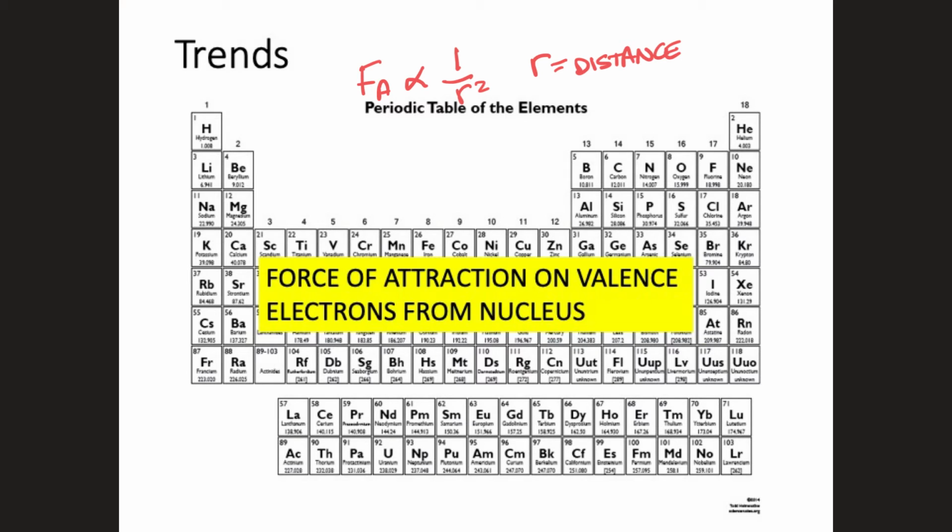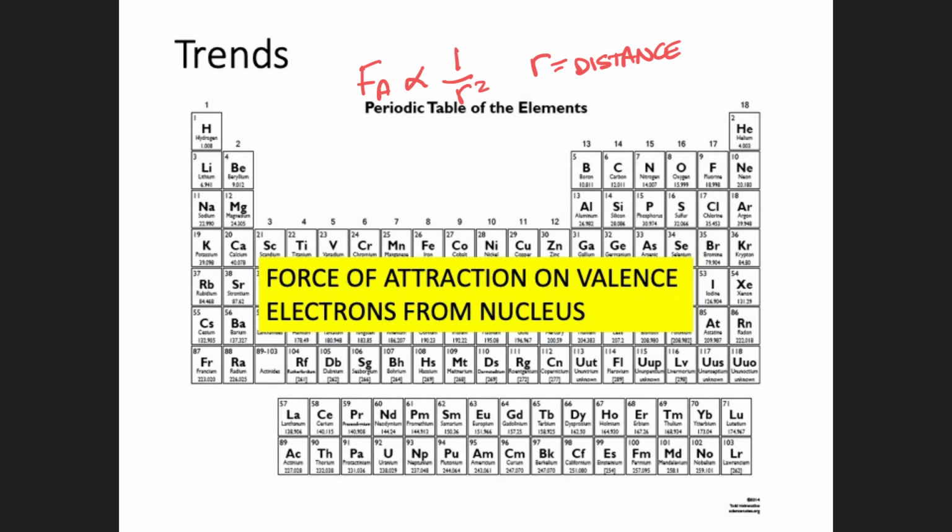So when we talk about the force of attraction increasing, either we're adding more force of attraction by adding more protons and electrons, or we're decreasing the distance between the two. So the force of attraction either goes up by increasing the forces that are doing the pulling, or decreasing the distance.